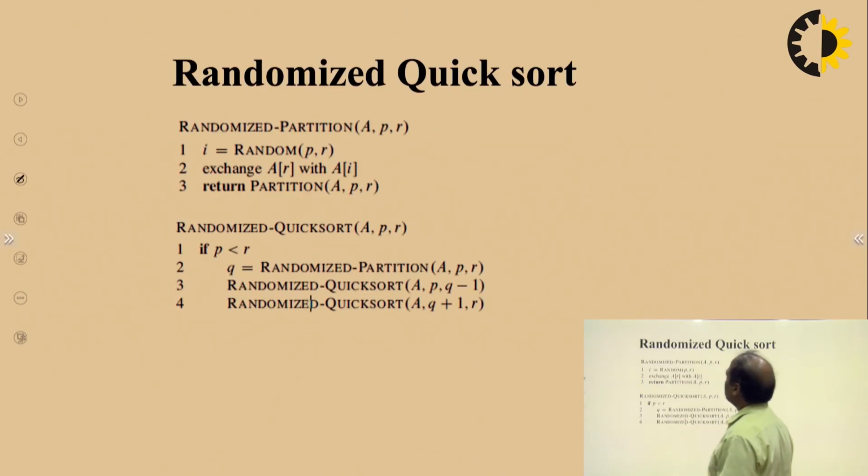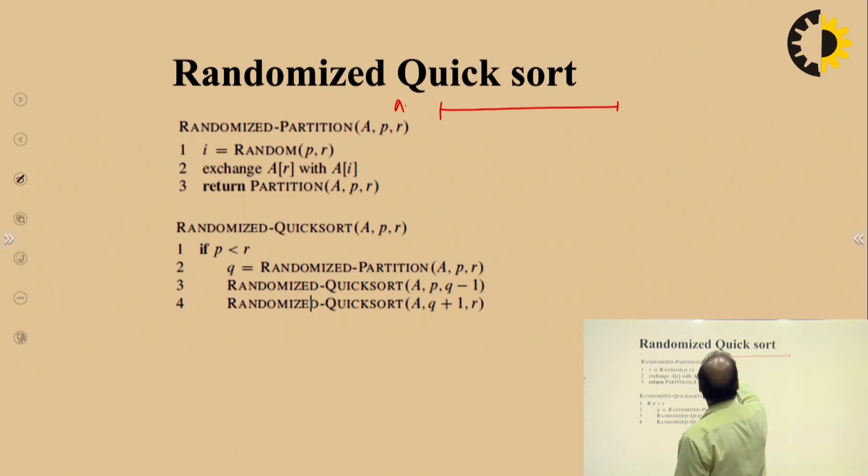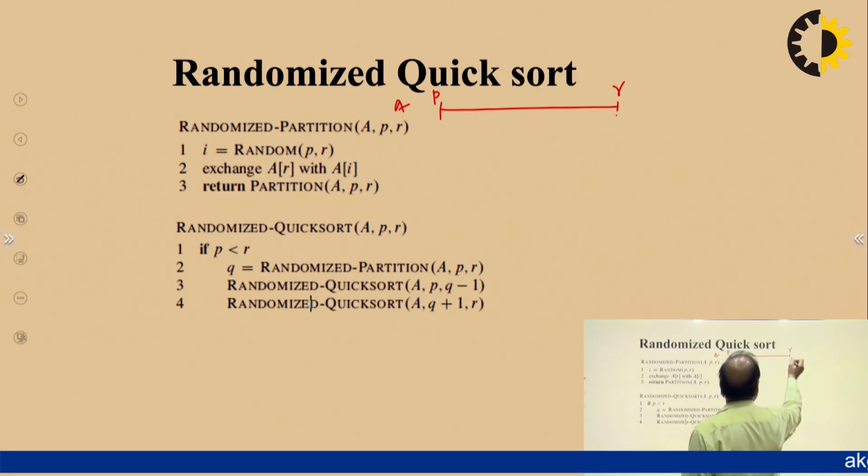Okay, so randomized quicksort is also possible. Right now what we have been taking is very simple: this is the array, this is P and this is R, clear? Instead of taking the last element as the partition element, take any element as the partitioning element. Very simple: before applying partition, exchange.